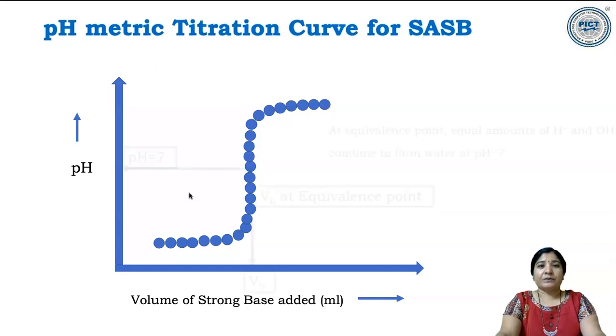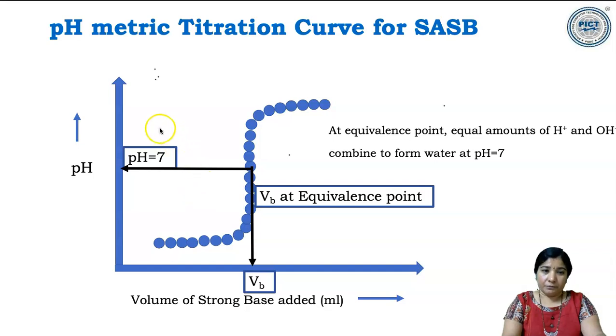After plotting this curve, at a pH value of 7, we take a scale and draw a line from pH equal to 7 which crosses the data points, and then drop down a line parallel to the y-axis so that it cuts the x-axis. That is the volume of base at the equivalence point.